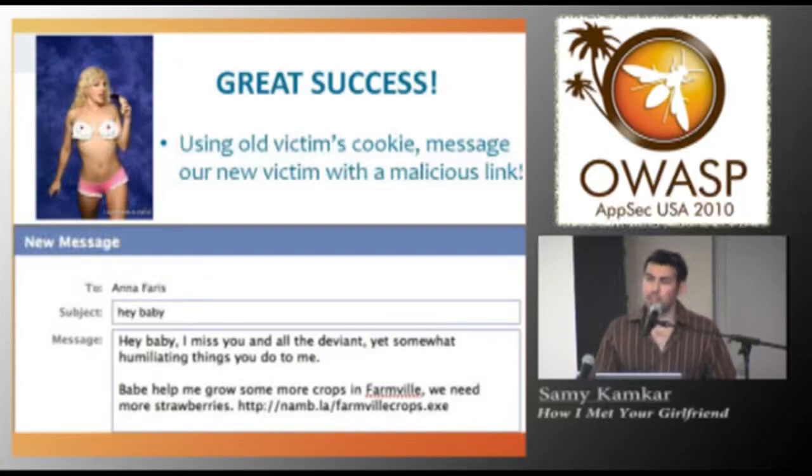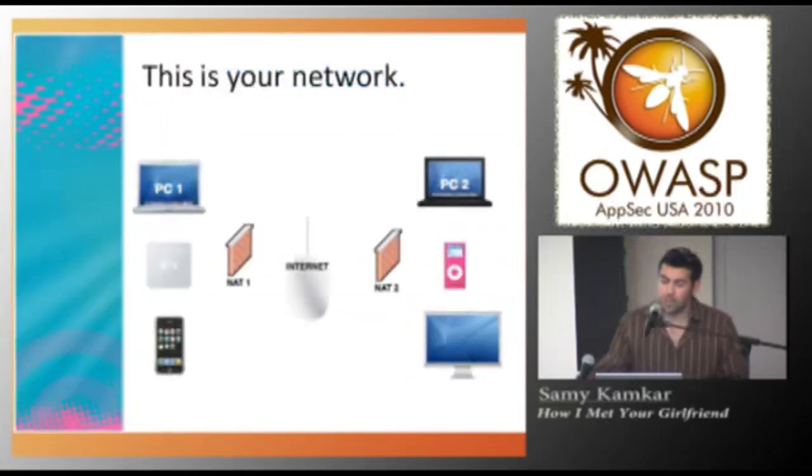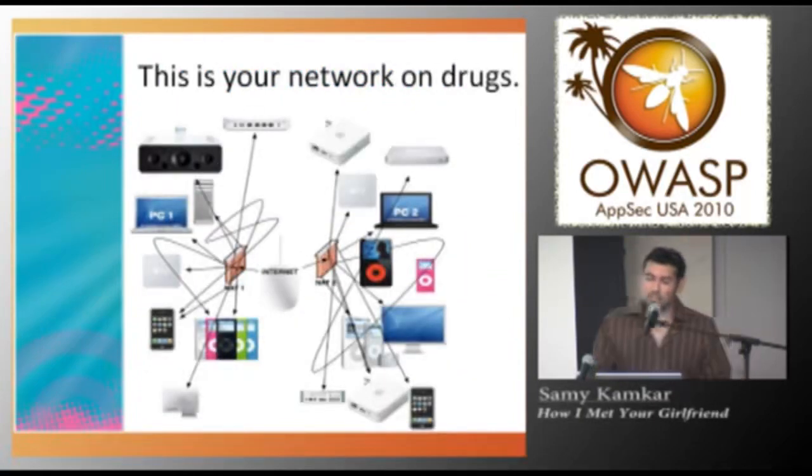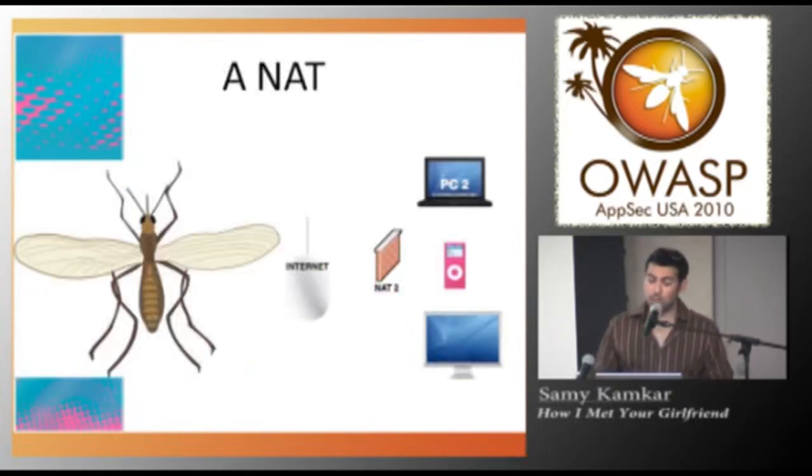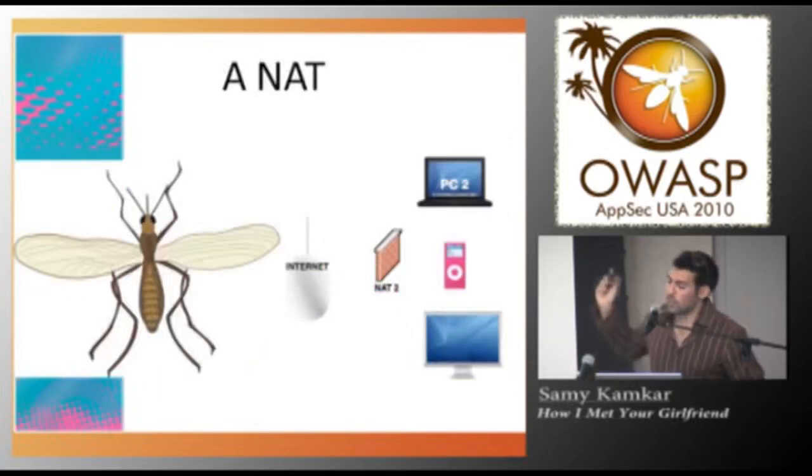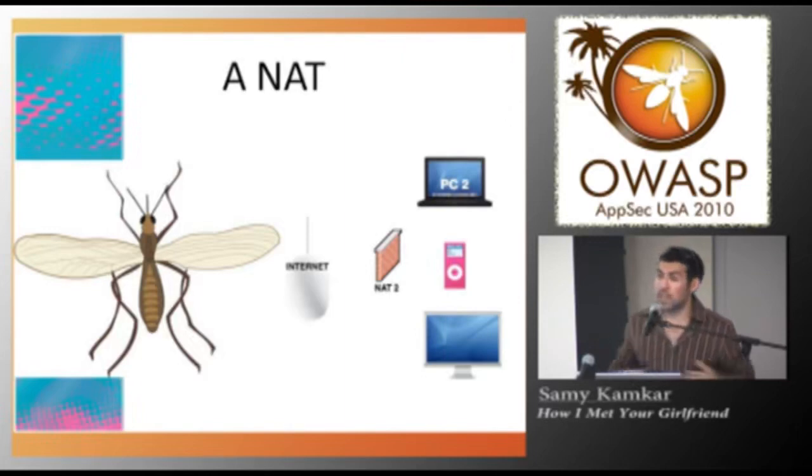So this is your network. This is your network on drugs. Let's learn a little bit about NAT and networking, and we'll go back to web. So this is a NAT. A NAT basically protects your computers somewhat. It's multifunctioning. A NAT will typically take a public IP address and allow multiple systems behind that IP address to use that IP.